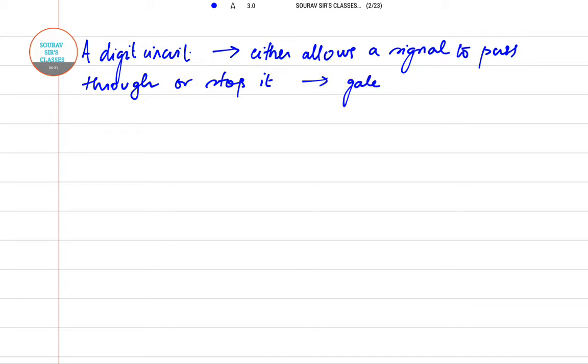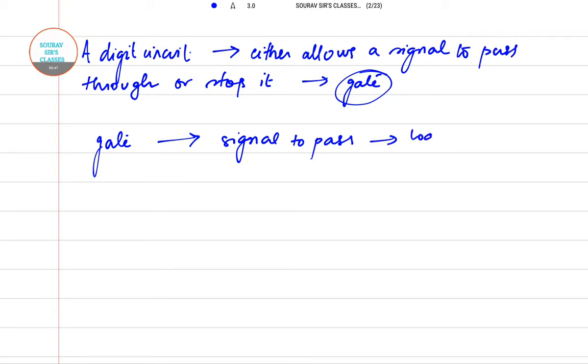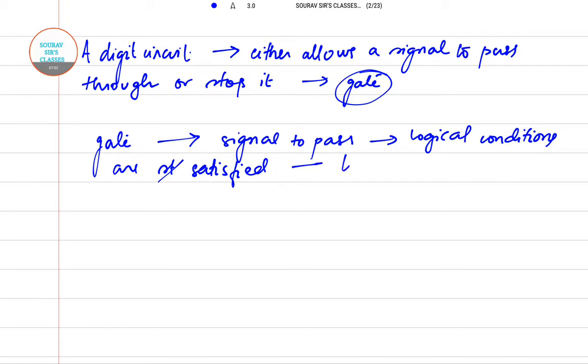So this is the very definition of a gate. Now a gate and a logic gate are a little different. Such gates that allow the signal to pass through only when some logical conditions are satisfied, that is a little add-on with regard to the gate definition. Then you call it or term it as logic gates.